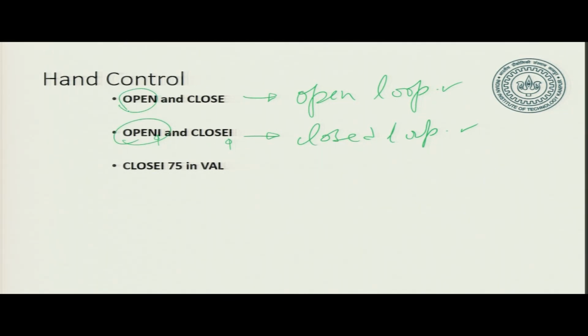So, in these conditions, we have to use close I and open I. Close I essentially means that after it has closed fully, only then will it execute the next line. So, we need to be careful about this command and this command. One is open loop, the other is closed loop, and the closed loop command is normally used for catching or picking an object.